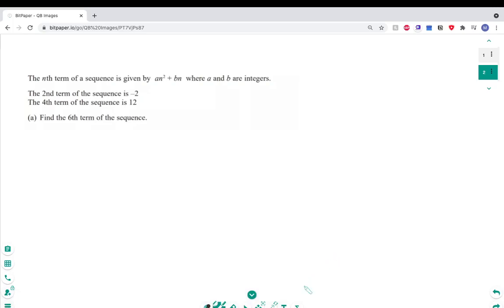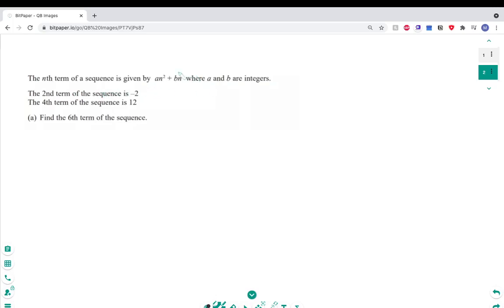So, as we look at the question at a glance, it seems like this is a sequence question where they're going to give us a sequence of values and we have to work out the next one, but it's actually quite different. So if we read, it says the nth term of the sequence is given by an squared plus bn, where a and b are integers.